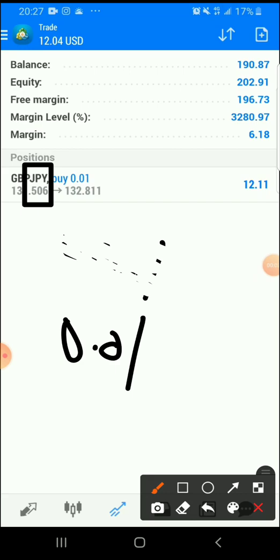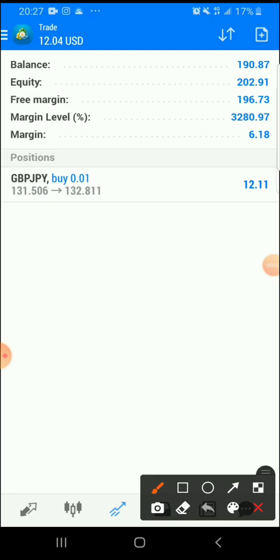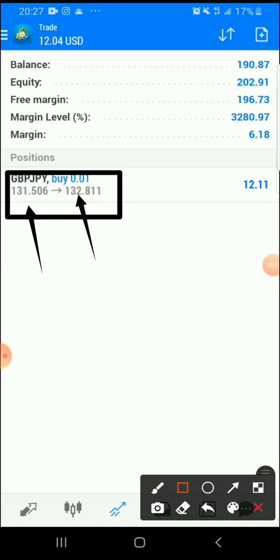So how do I calculate pips in this case? Let's assume I look at this position, the position that has moved. I entered here, and currently the price is here. So how do I calculate? I can calculate the difference.